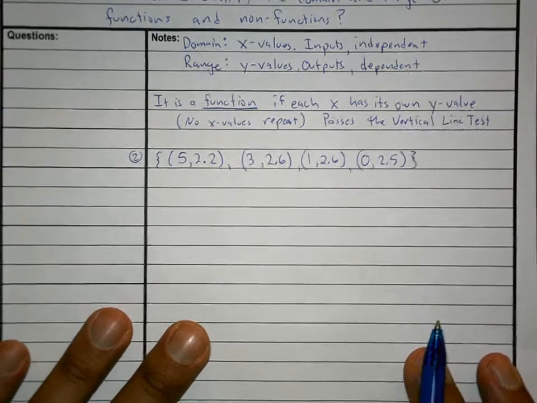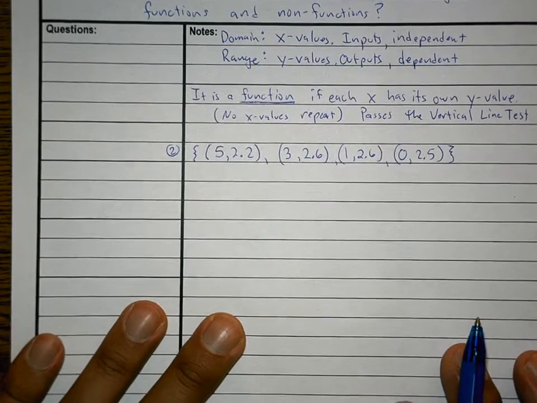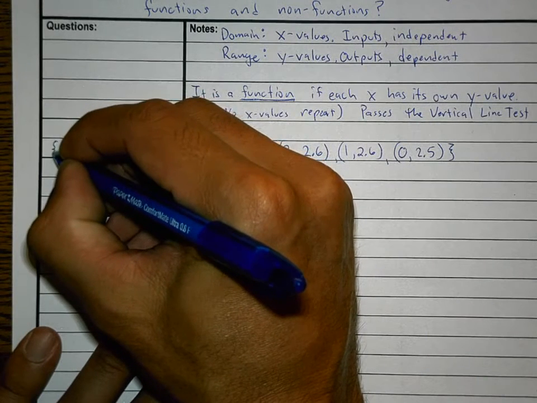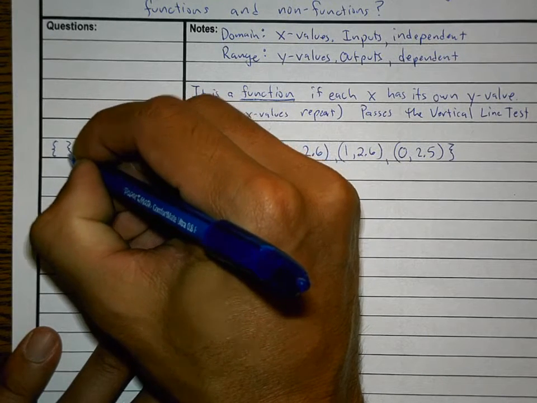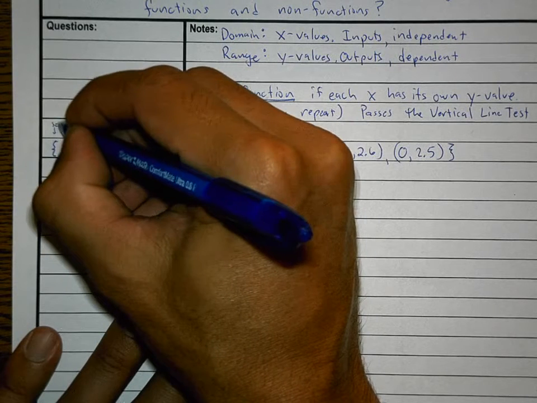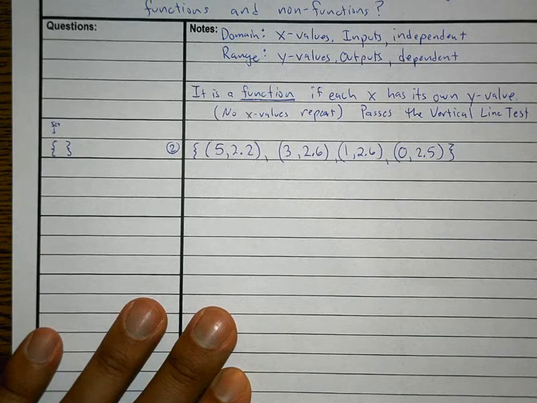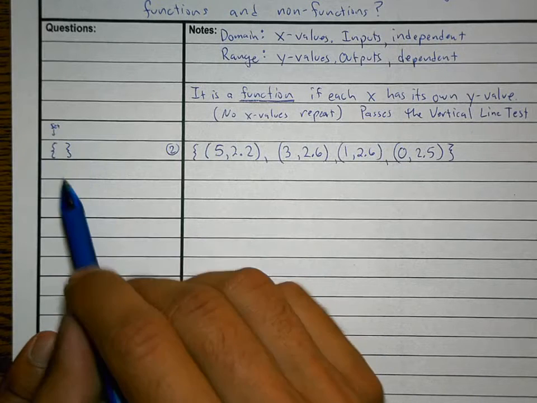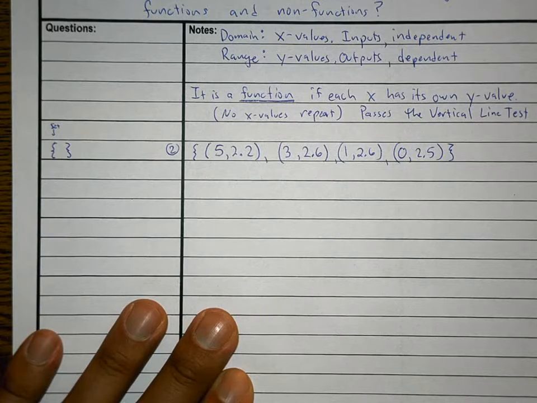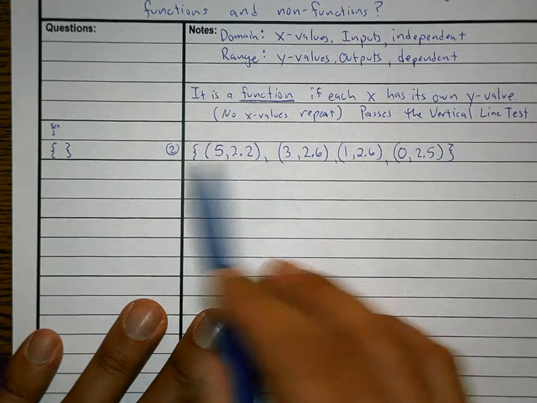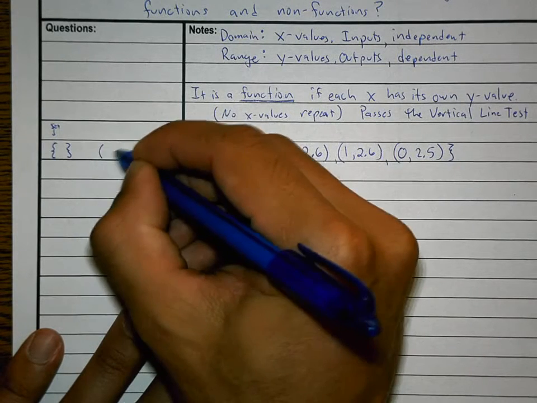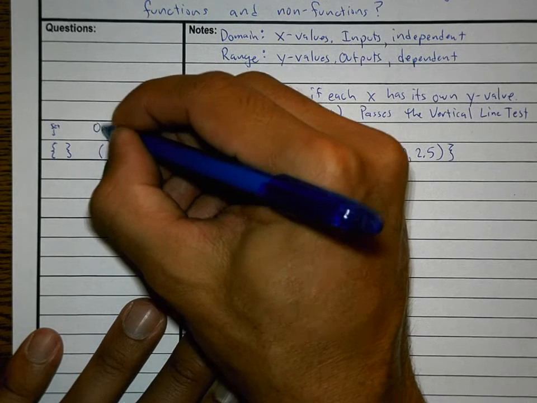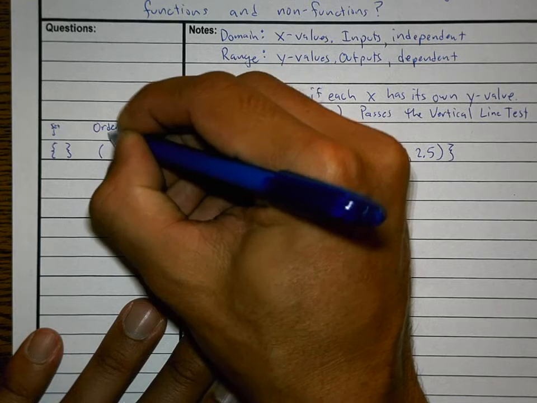When numbers are written in this way, if you see the curly brackets, this means a set of numbers. I know this is really small, but I wrote it says set, S-E-T. Curly brackets means it's a set of numbers. When you see the parentheses, in this case, it means it's an ordered pair.